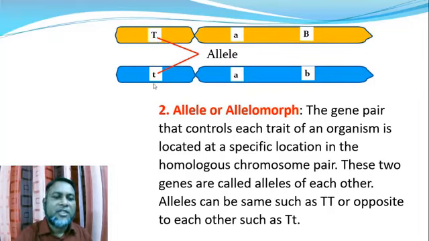Here capital T and small t are alleles. Small a, they are also alleles. Capital B, small b, they are also alleles. These two genes are called alleles of each other. Alleles can be the same, such as capital T, or opposite to each other, such as capital T, small t.